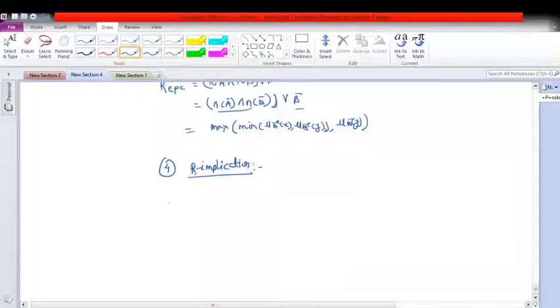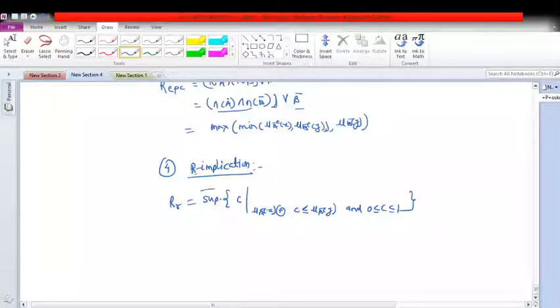For that, the membership function can be obtained as the supremum of the value C, which can be obtained using two conditions: mu A bar of X algebraic sum with C is less than or equal to mu B bar of Y, and that C has to be between 0 and 1.